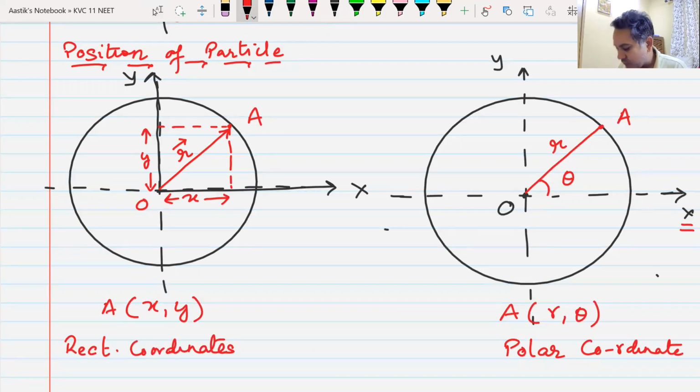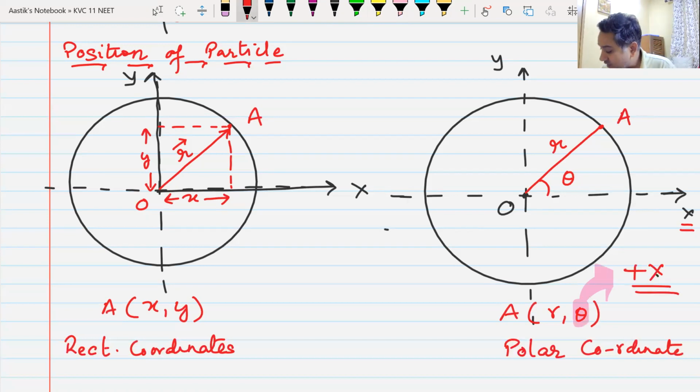So instead of telling you the x and y, the Cartesian or the rectangular coordinates, I can tell you r and theta. R is the radius of the circle, theta is the angle it makes with the positive x-axis. Remember, this theta should be the angle that it makes with the positive x-axis.